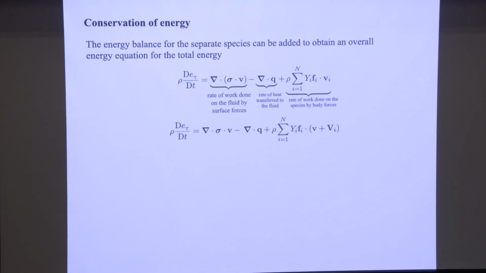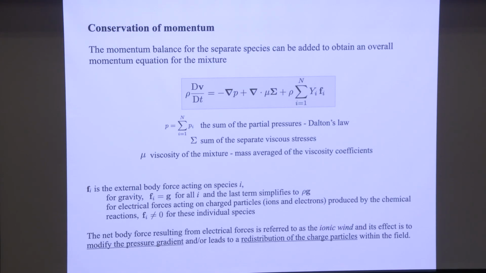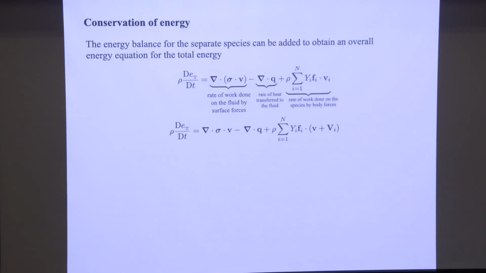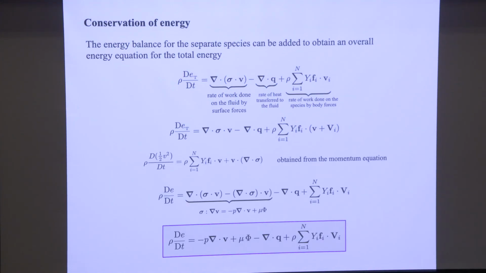So this is for here, and the next step is, as we did before, we want to extract from the total energy the kinetic energy, right? So when we extract the kinetic energy, and I will skip the detailed steps, you end up with an energy equation that involves the internal energy E.